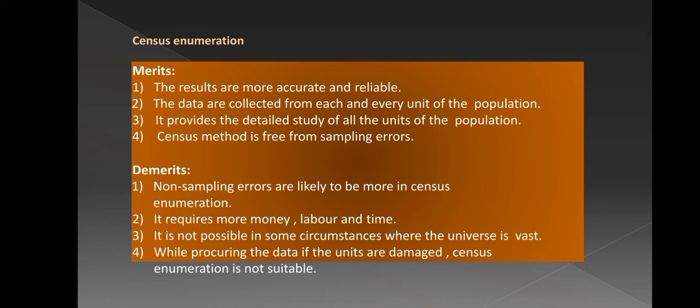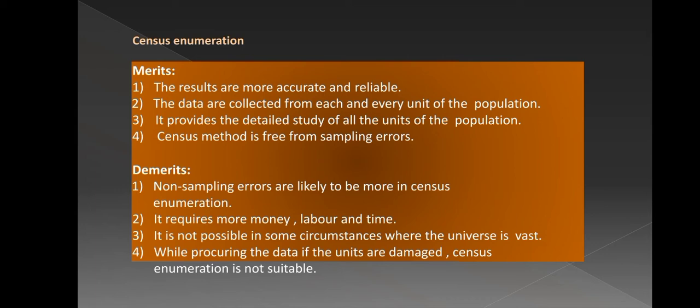The second one is that it requires more money, labor and time. Why? Because the investigator has to go to each and every house, each and every place, and collect the data. So it requires a lot of money to travel, it requires labor, and it requires a lot of time.